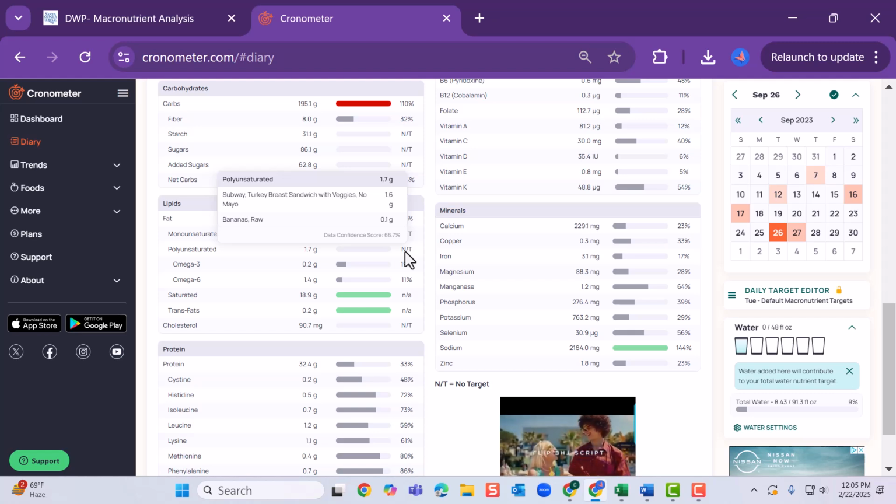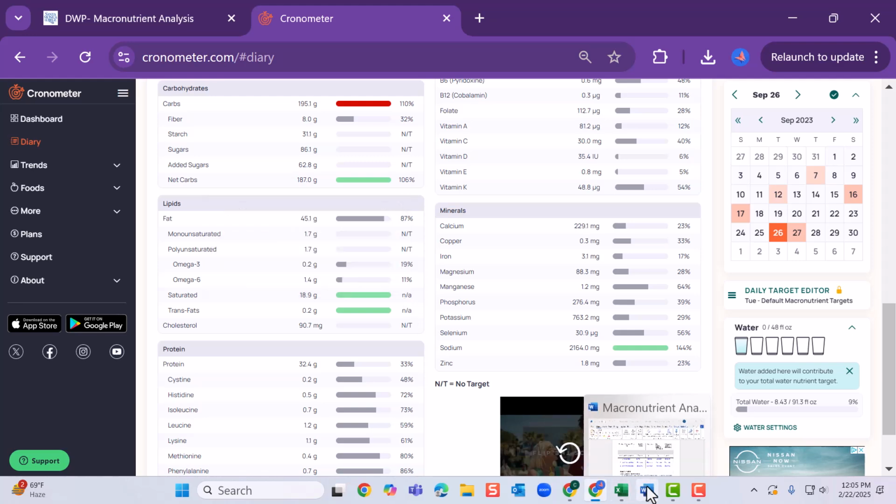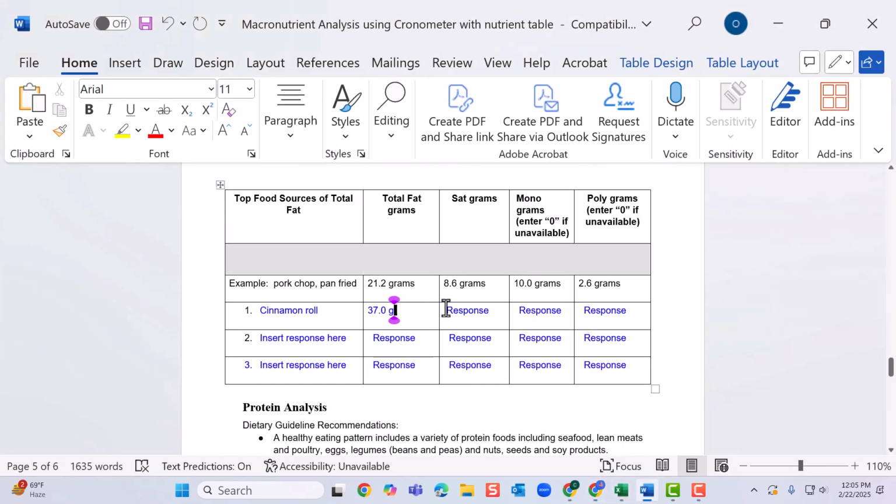So you're going to ask, wait, this doesn't total up because saturated fat, it listed 16. So I'm going to put 16. But there was no mono. Oh, I asked for 0 if not available.